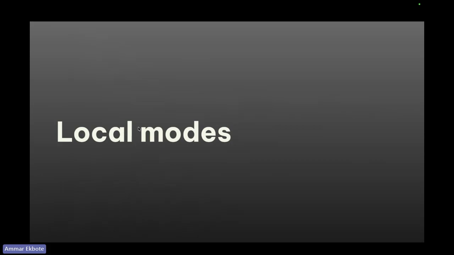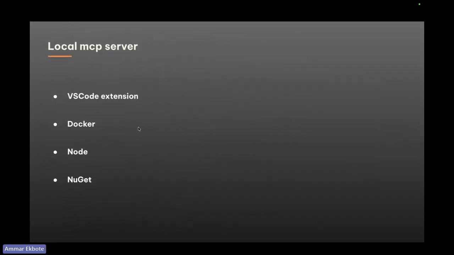So in today's session, we are going to cover local modes. That should give us a good taste of what capabilities are provided by the Azure MCP Server. These are the different ways in which we can launch the Azure MCP Server locally. One is using a VS Code extension. This is primarily used if you're using VS Code as your IDE.